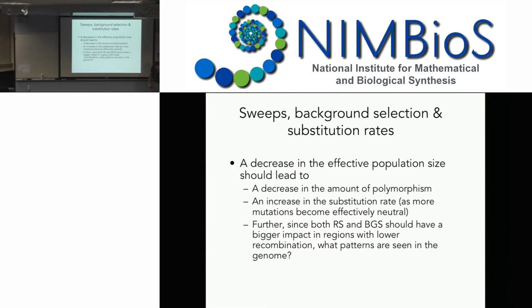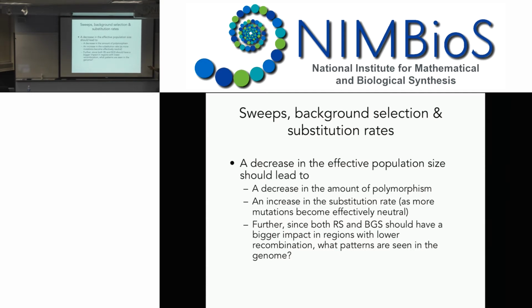It also means a higher fraction of advantageous mutations behave as if they're neutral. If the second category is pretty rare, shrinking the amount that are favored by selection doesn't have much of an impact. So if most of the mutations are deleterious, as I decrease effective population size, I should increase this.